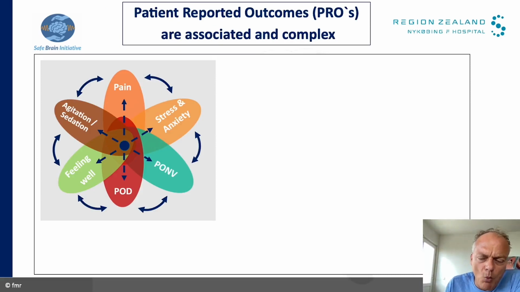What is important when you monitor delirium outcomes in general is that it's not sufficient just to look at one outcome and then the other, but to keep the balance in between, because we know delirium is very much associated with pain, but also with nausea, stress, anxiety, agitation, and sedation. So in practical terms, it's not an art to decrease postoperative pain.